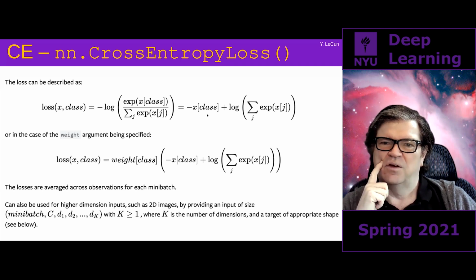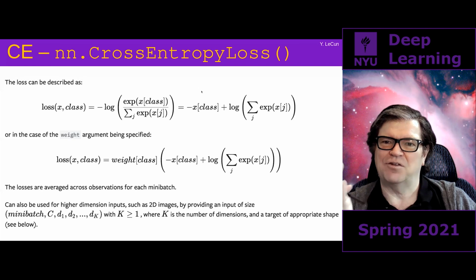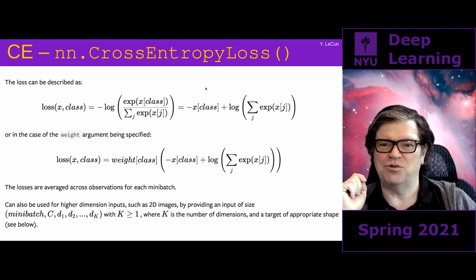To minimize this, you need to minimize the first term, which means make the score of the correct class as large as possible. Simultaneously, make the scores of all the classes as small as possible, including the correct one. So the score of the correct class is going to get pushed down simultaneously with being pushed up, but it's going to get pushed up by this term much stronger than it is being pushed down by that term. And we'll see why in a minute.